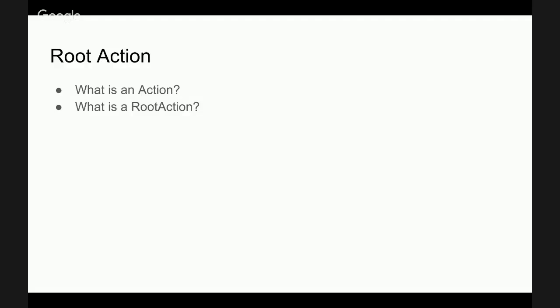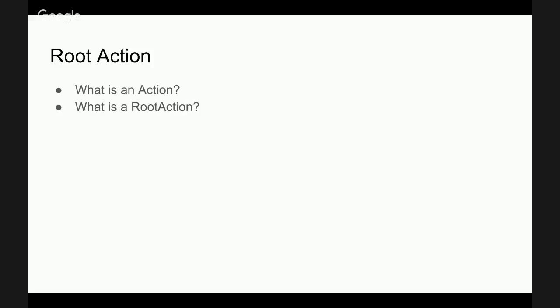The first one we're actually going to look at is something called a root action. Everyone is probably wondering, what is an action? An action adds a set of URLs and links to the page in the UI.